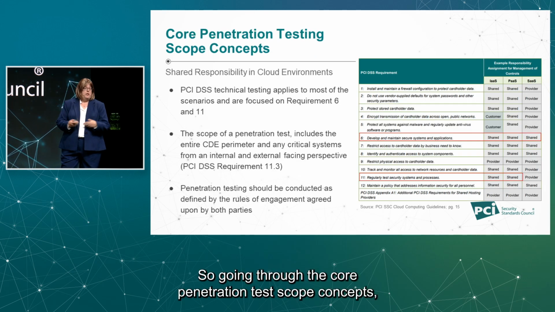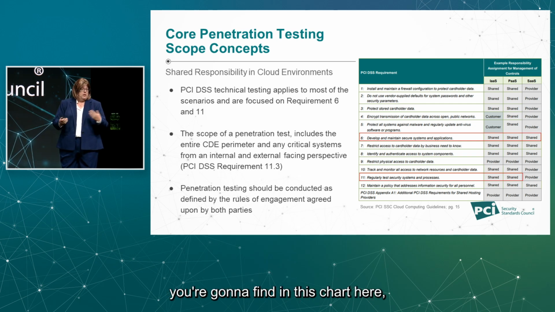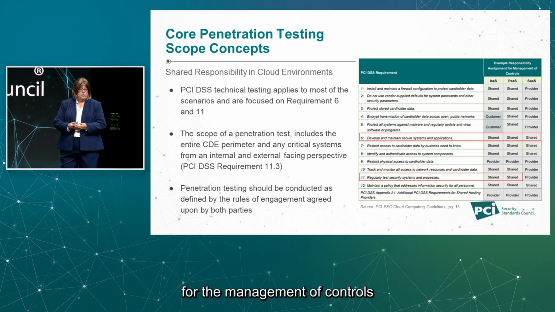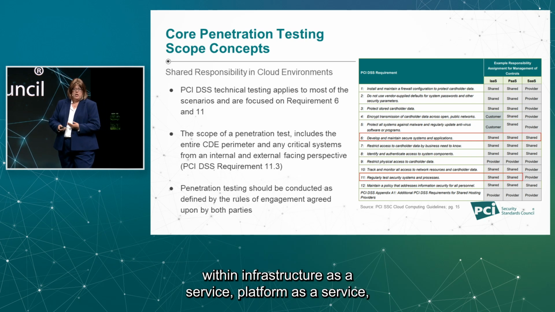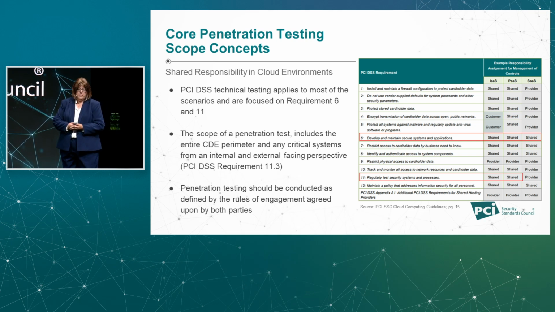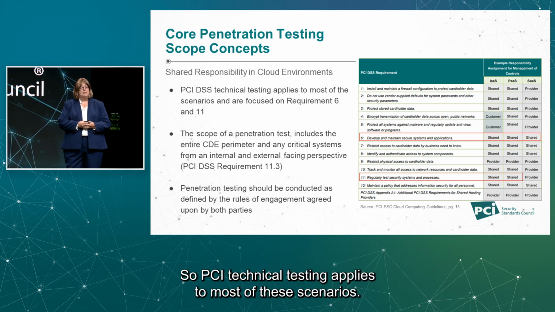So going through the core penetration test scope concepts, in this chart here is an example of the responsibility assignments for the management of controls within infrastructure as a service, platform as a service, software as a service, etc. So PCI technical testing applies to most of these scenarios.